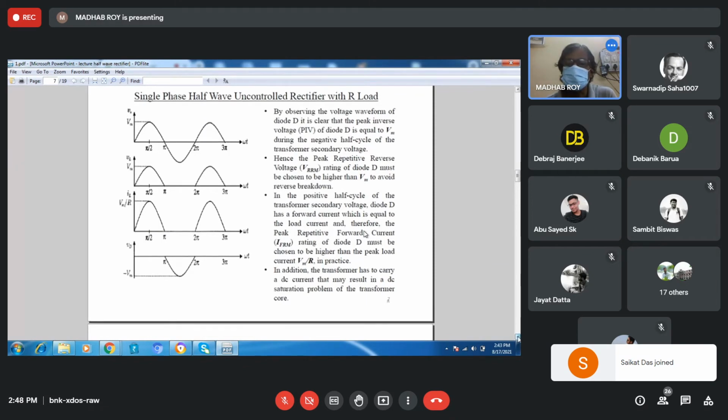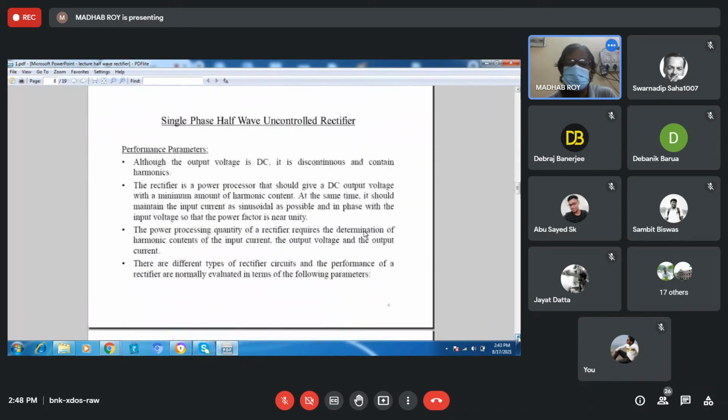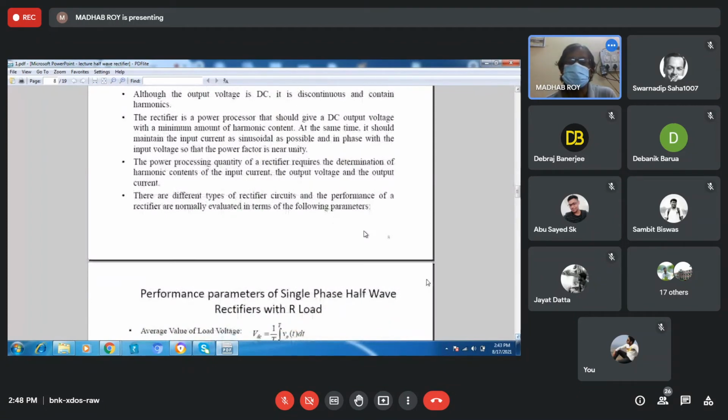So that has been described there. The rectifier is a power processor. Power processor means it will supply the power that should give a DC output voltage with a minimum amount of harmonic content. At the same time, it should maintain the input current as sinusoidal as possible, in phase with the input voltage, so that the power factor is near unity. This has been told for the transformer, because basically we are having the output as DC from the input AC.